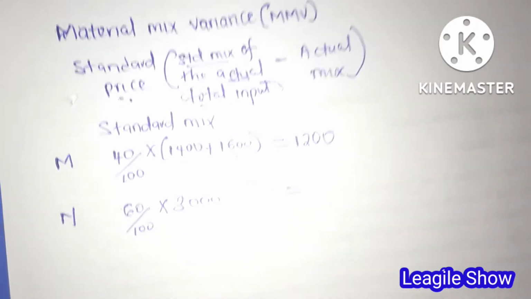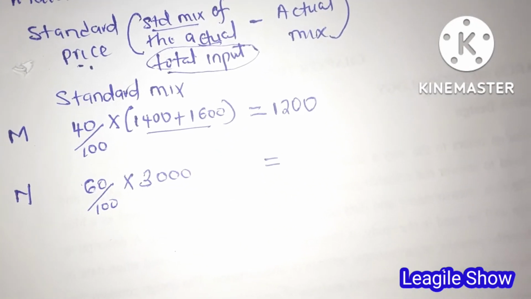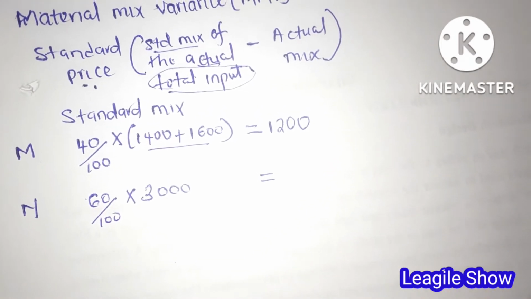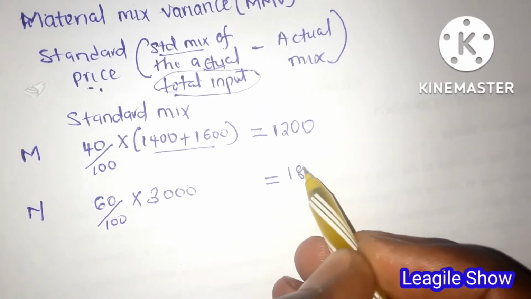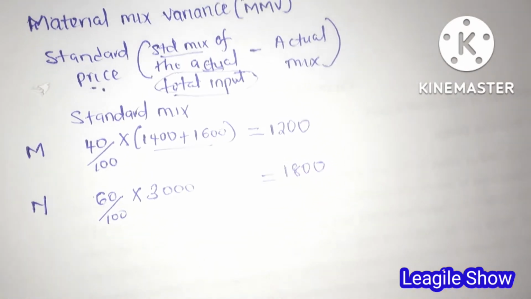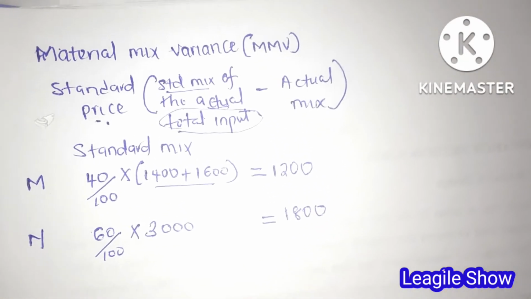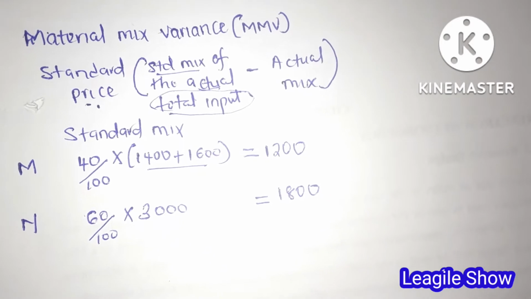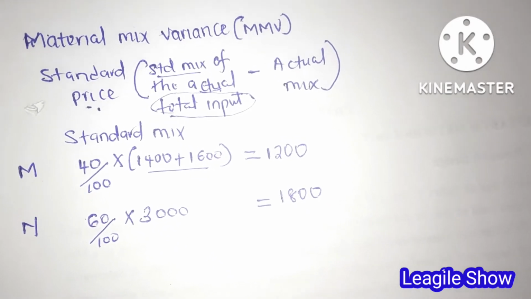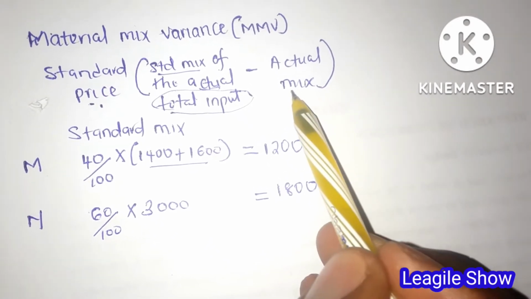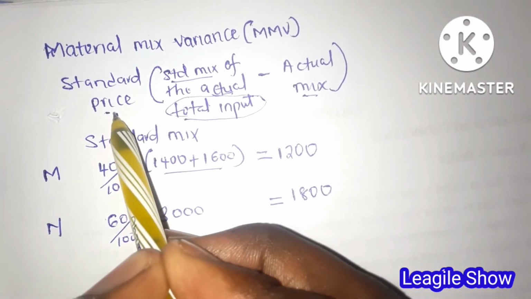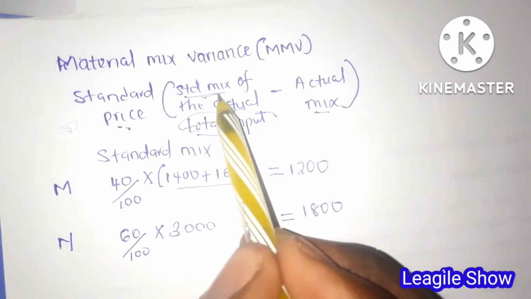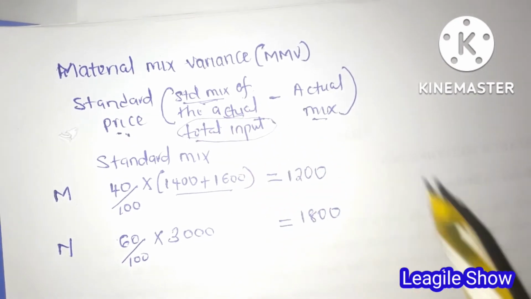So the standard mix for N, just feeding that into a calculator, will be 1,800. Are we together up to that point? Now, what are we remaining with? Do we have the actual mix? Yes. Do you have the standard price? Yes. And you also have the standard mix of the actual total input.